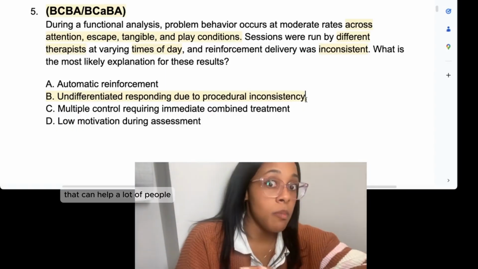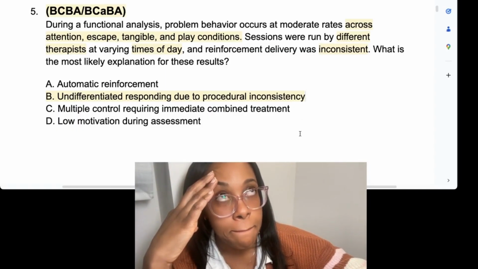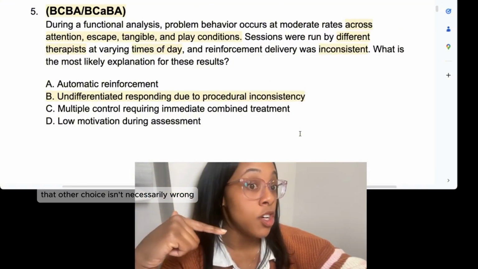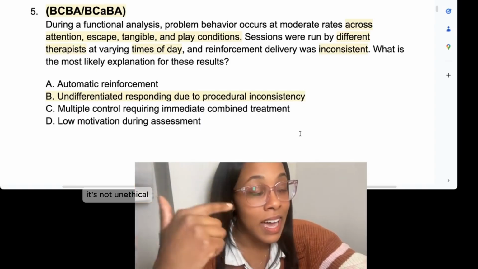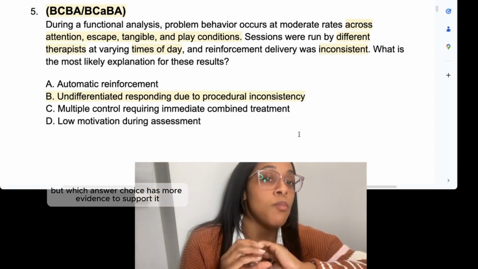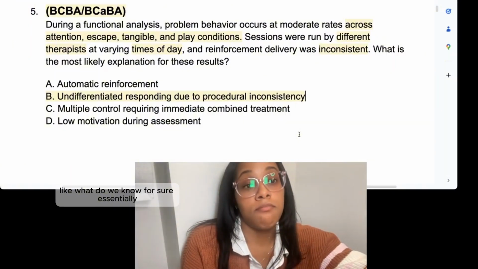That can help a lot of people. Because when you're down to those two, there are times where the other choice isn't necessarily wrong. It's not unethical, but which answer choice has more evidence to support it? What do we know for sure?